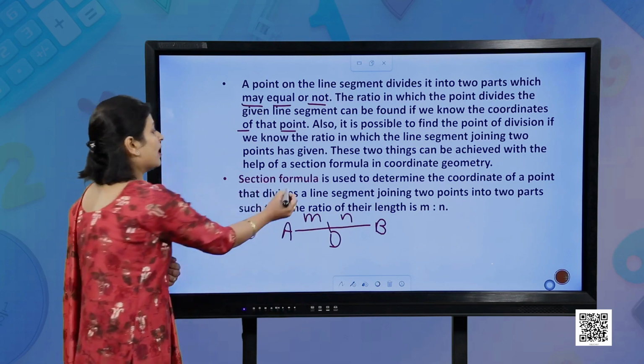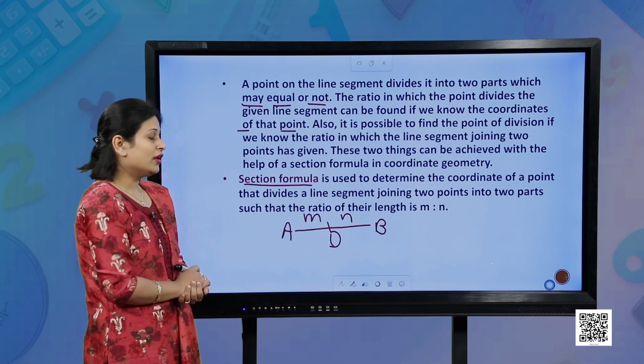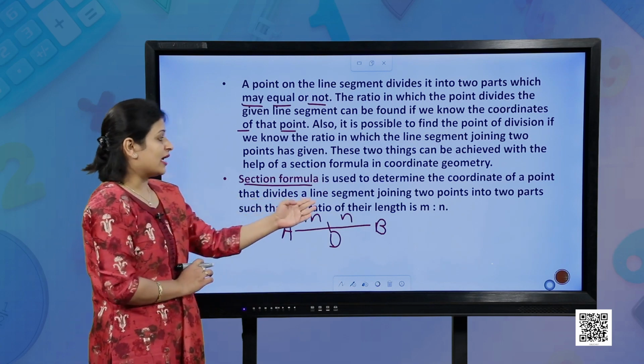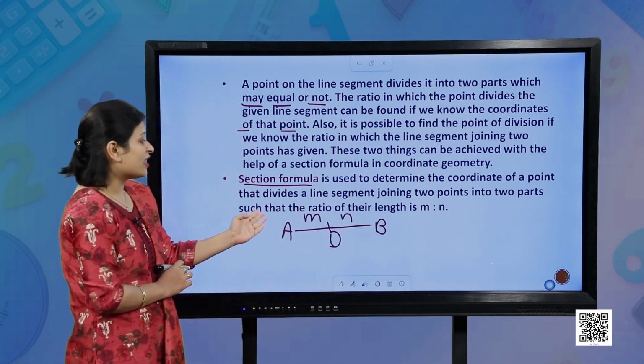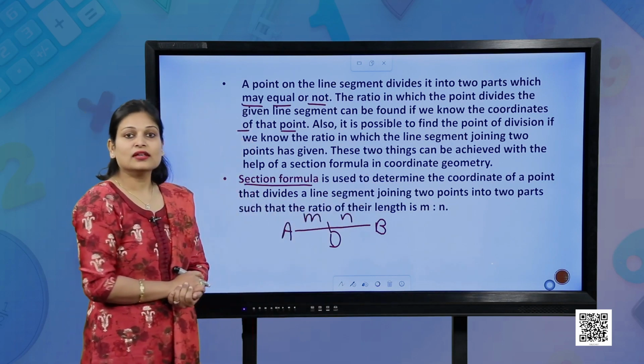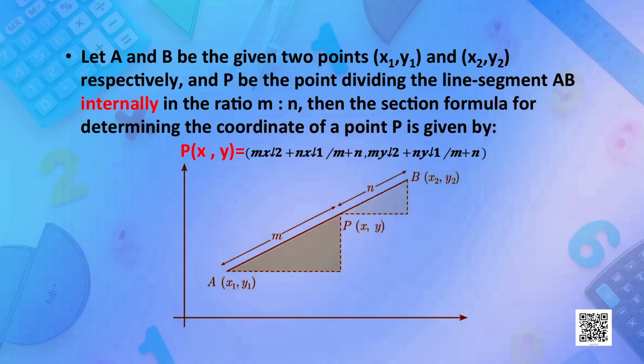The section formula is used to determine the coordinates of a point that divides a line segment joining two points into two parts such that the ratio of their lengths is m is to n. Now, let A and B be the given two points (x1, y1) and (x2, y2).